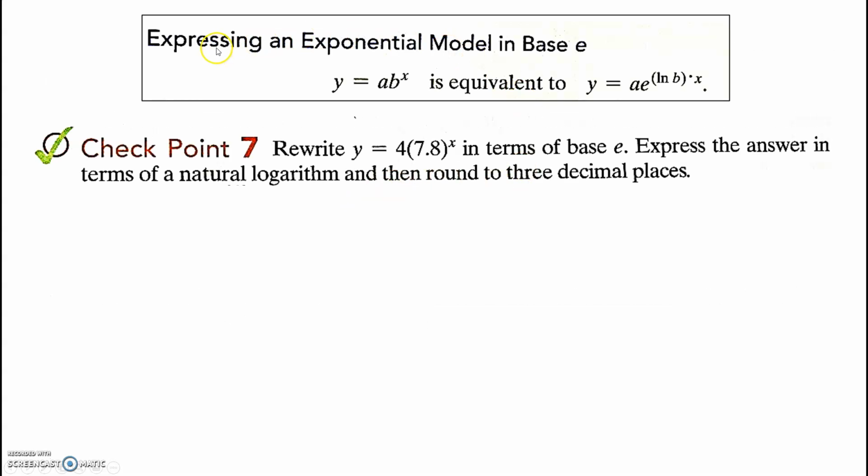This next one is expressing an exponential model in base e. So you can actually take something and put it in base e. Here we're going to say y equals a, which is 4, e to the natural log of b, which is 7.8, times x. So that's taking it and putting it back in the form.